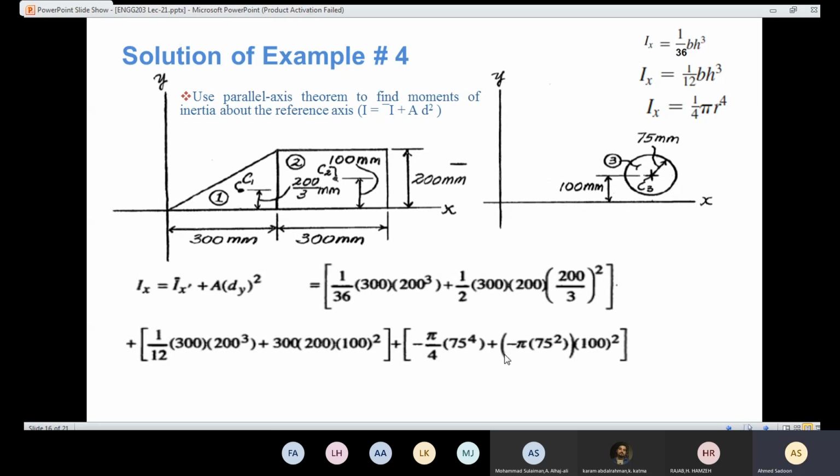And the area is pi r squared. Also, I know r, and the difference here, the value of dy is 100 millimeters. So I'm going to sum all the components in order to find the moment of inertia for that composite body about x. And here is the answer.